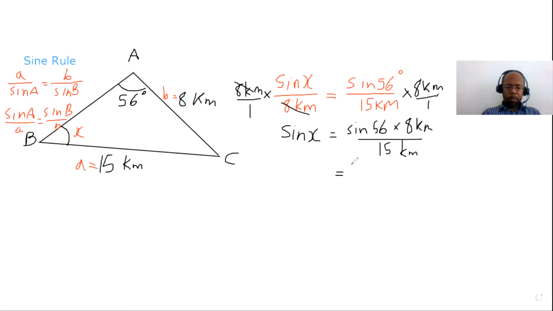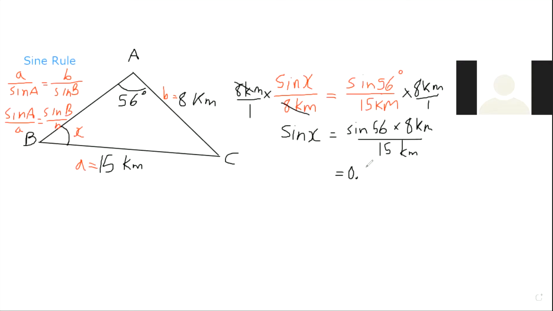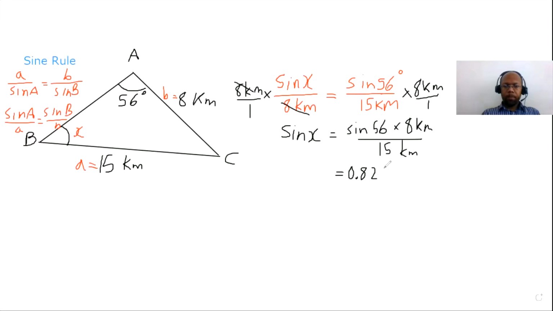Let's go to 3 decimal places. 0.829. Very good. 0.829 will be multiplied by 8 km, and still have it over 15 km.